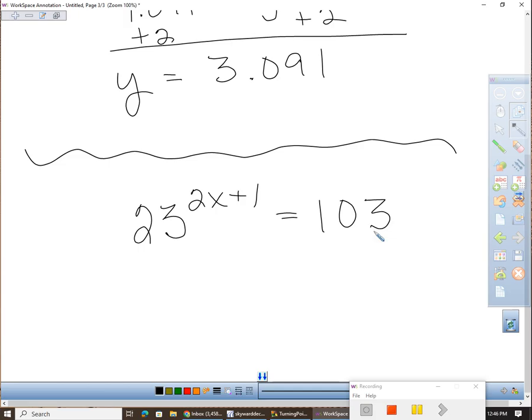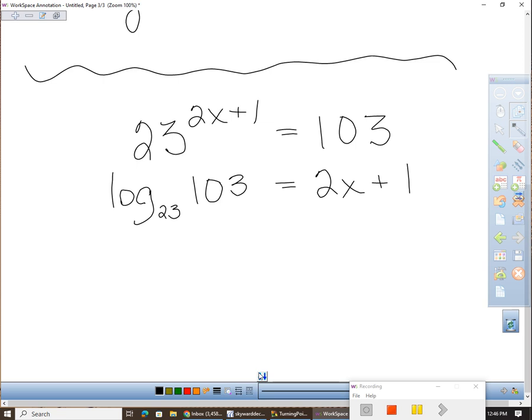So we've got to change it into log form. So we're going to go log. The base to my exponent is 23, so that's the base of my log, of 103 equals 2x plus 1. So now we go to our calculator. We find out what log base 23 of 103 is.